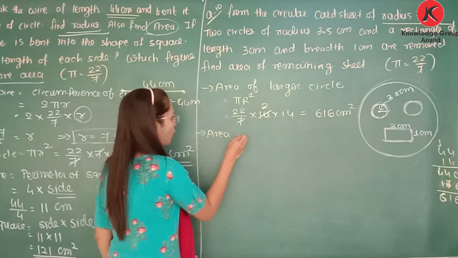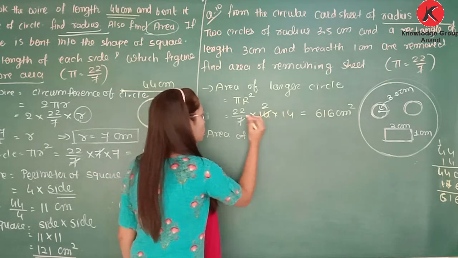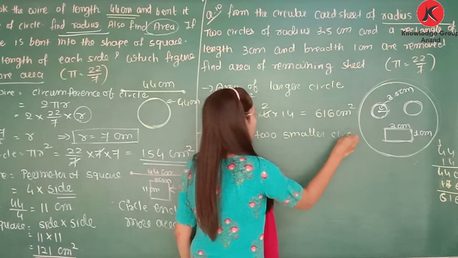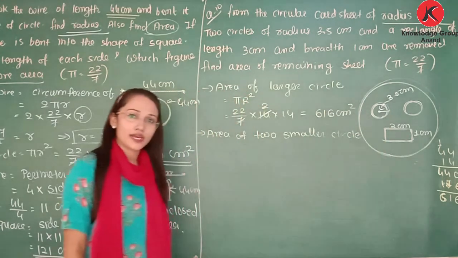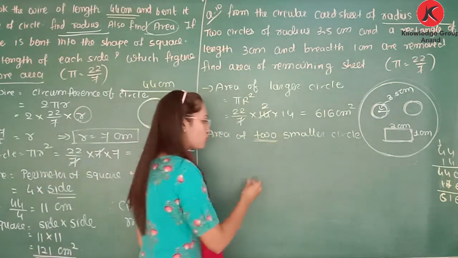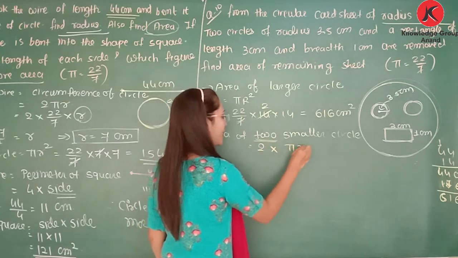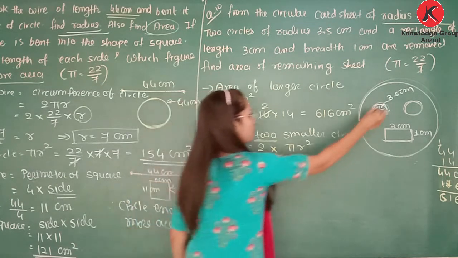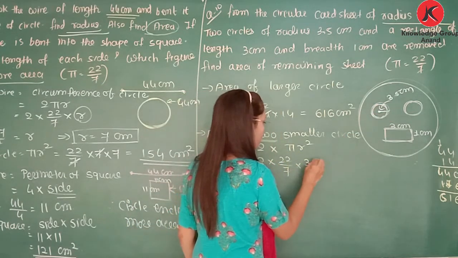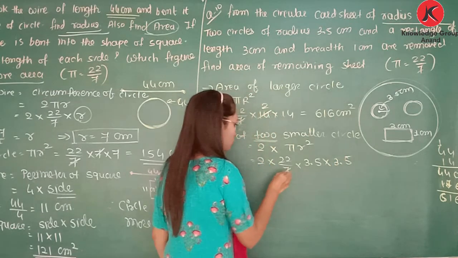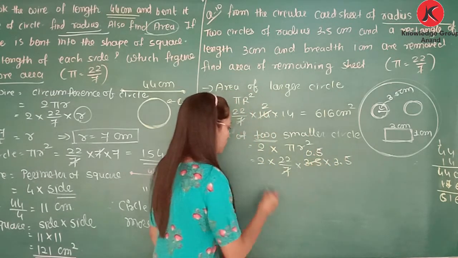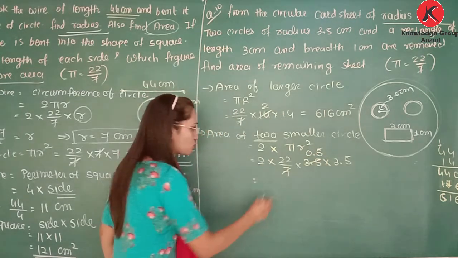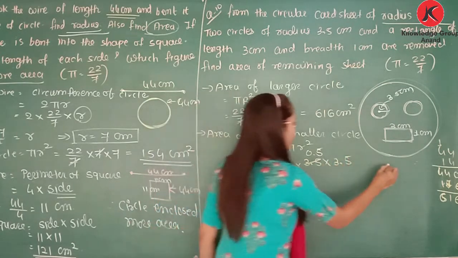Now area of two smaller circles. Here both circles have the same radius. So we directly find the area of two smaller circles, that is 2 multiply pi r square. Pi is 22 by 7. Now radius for this is 3.5. So we multiply 3.5 two times. 2 multiply 0.5 is 1.